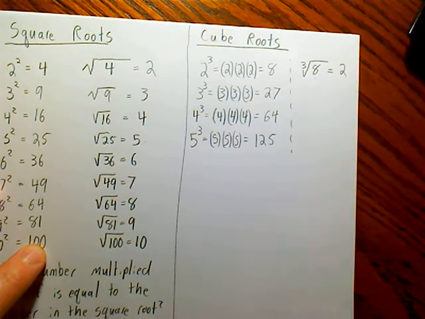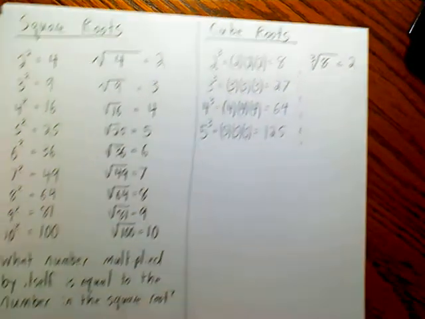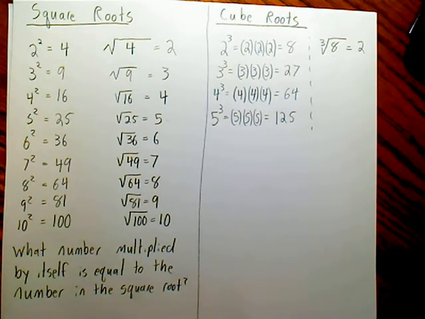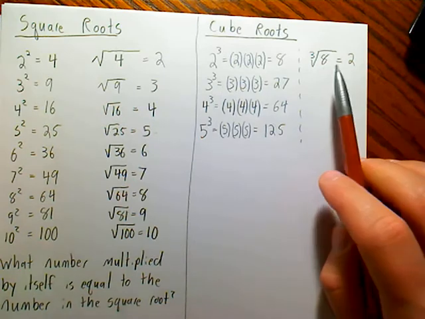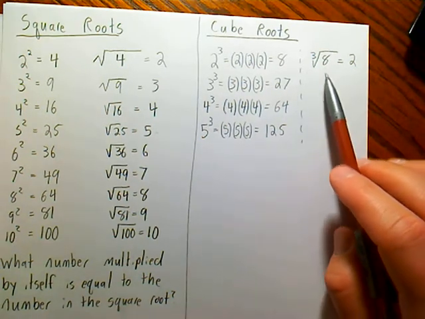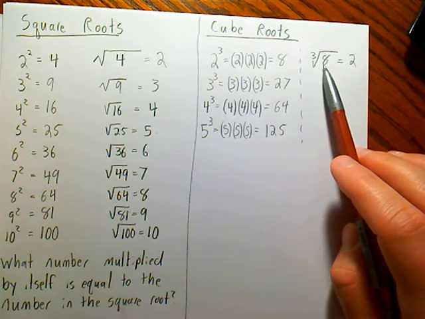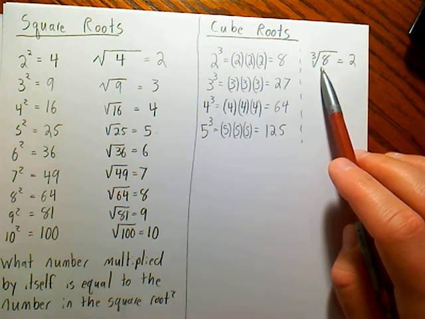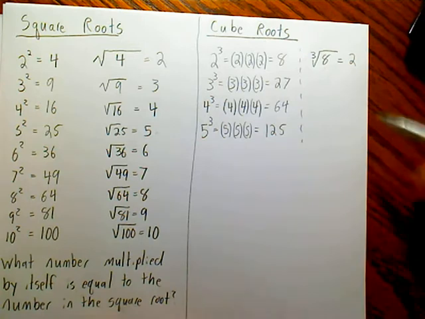Well, that's 2. Now remember, the question we asked ourselves for square roots was what number multiplied by itself is equal to the number in the square root. That's what we're asking ourselves here, but instead of just multiplied by itself, we're asking it being multiplied by itself 3 different times. So let's do another one.